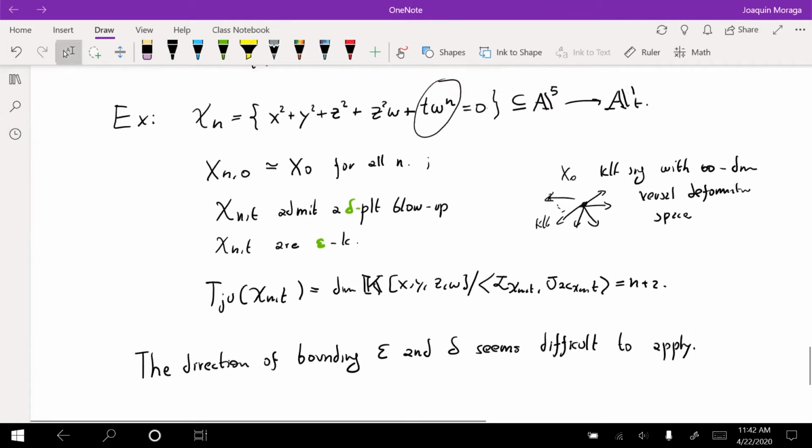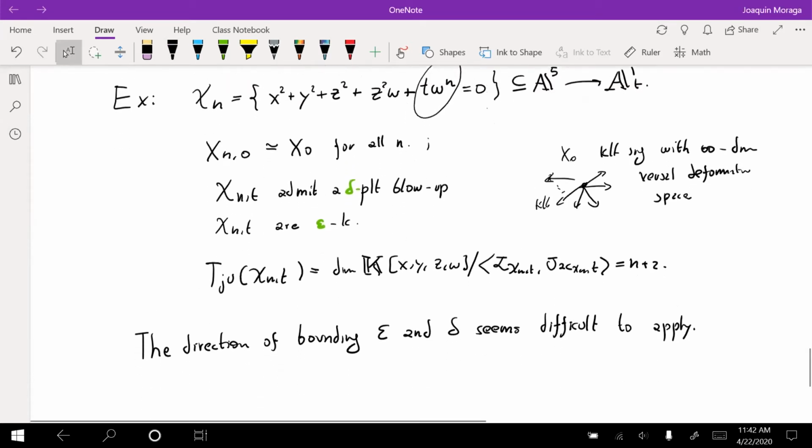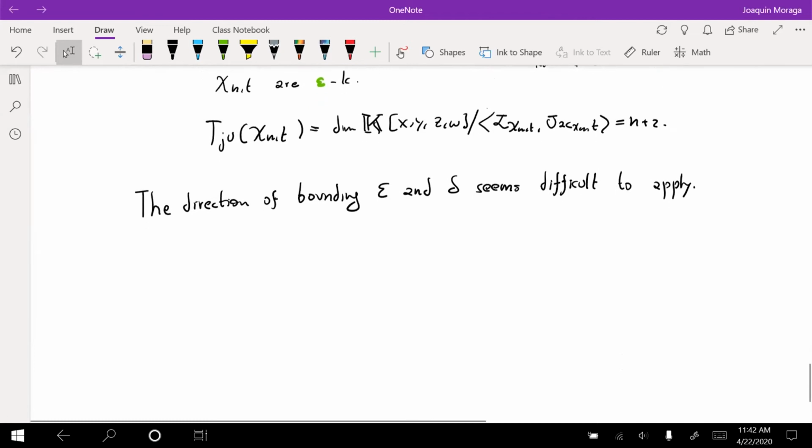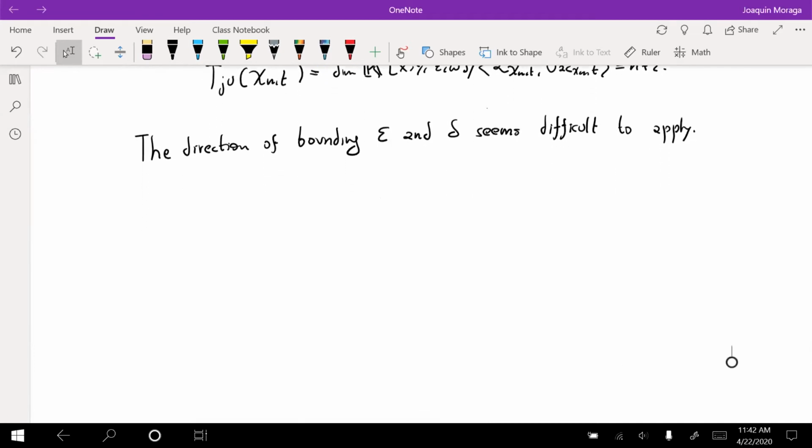There are some examples in which this can be done, and there is some work in progress to apply this to some situations of singularities, but in general, this is difficult. But something that one learns from this is the following.